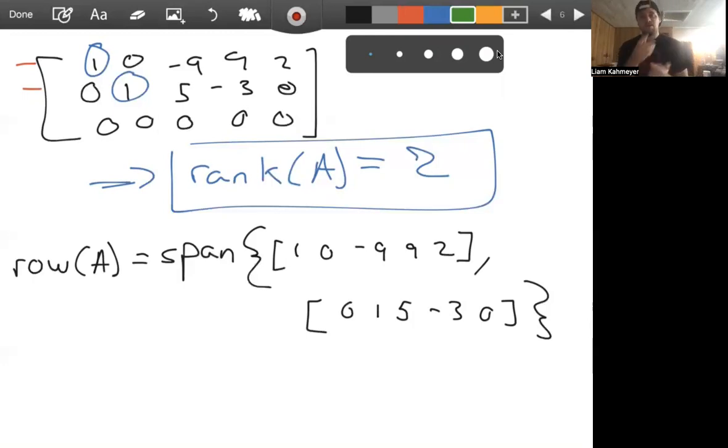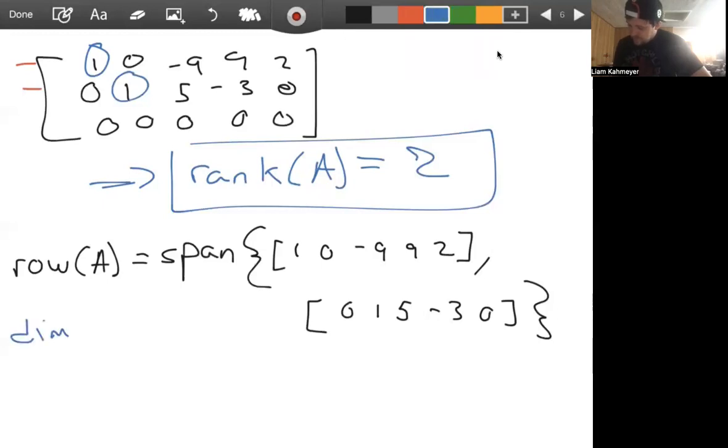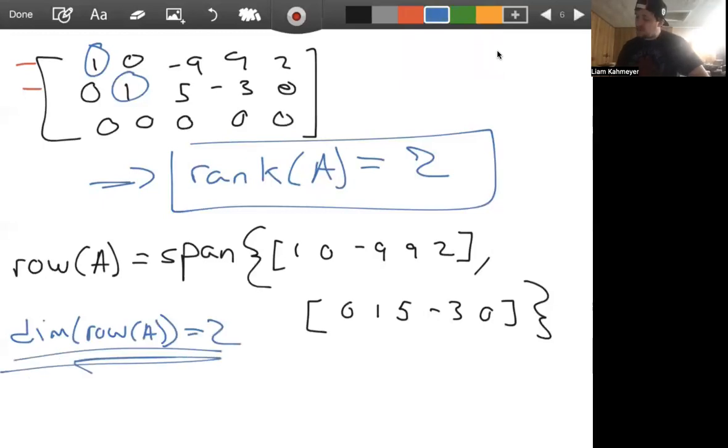And if it's not a 1, you just divide through by 1 over whatever it is to get the leading entry to be 1. Since we have this one-to-one correspondence, what's the dimension of this row space? The dimension of the row space of A is necessarily 2, because it's the number of basis elements.